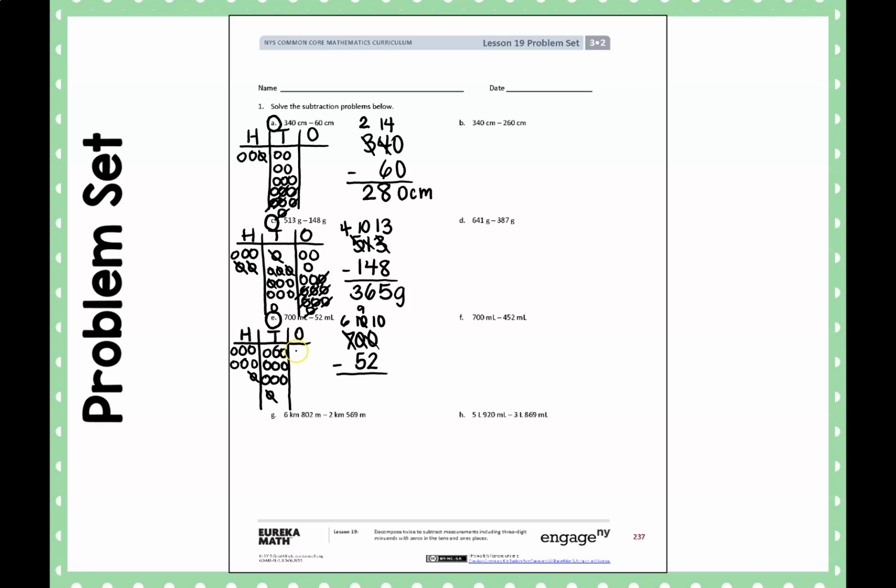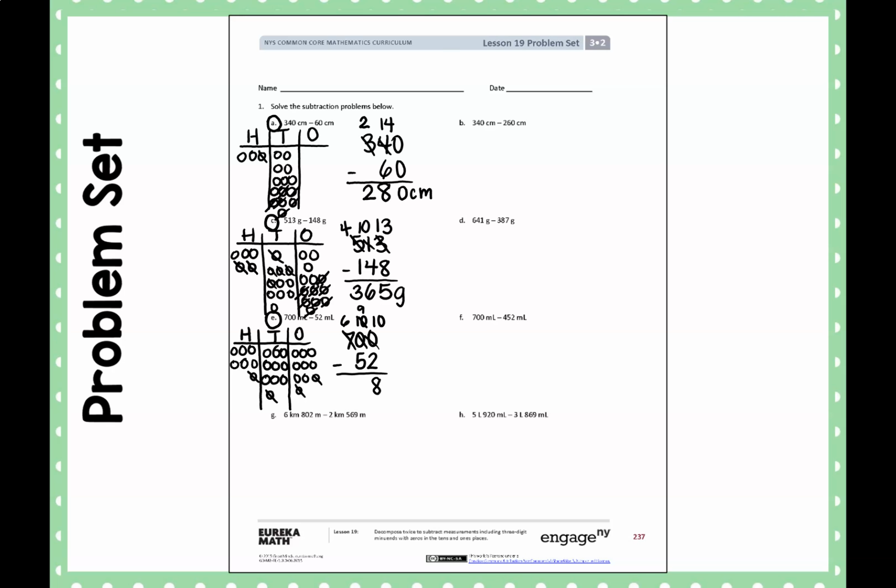A lot of crossing out here. So 1, 2, 3, 4, 5, 6, 7, 8, 9, 10. Lots of circles and lots of crossing out. So we have 10 take away 2. Can I do that now? Yes, I can. So cross them out. 10 take away 2 is 8. Now, I've done a lot of crossing out in my tens place. How many tens do I have left? I have 9. I started with 0, then I had 10, now I have 9.